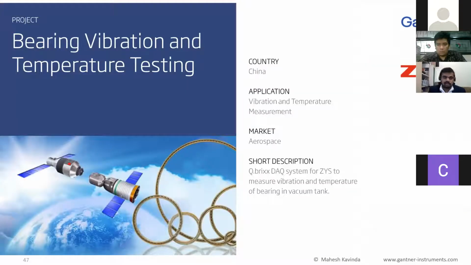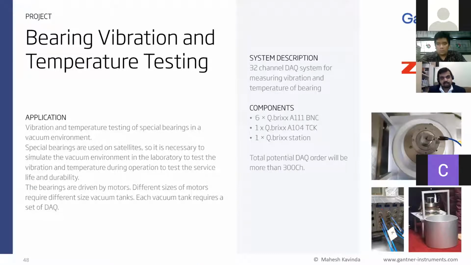And again, we have used a similar application for bearing vibration and temperature testing in China. In the aerospace market, these applications were used in a vacuum environment for the vibration and temperature testing of special bearings.